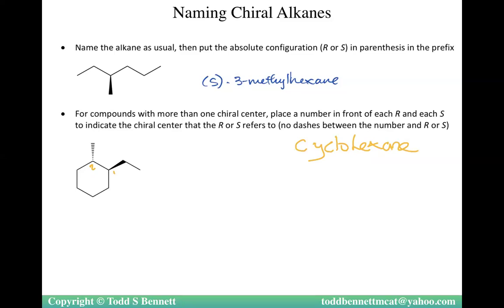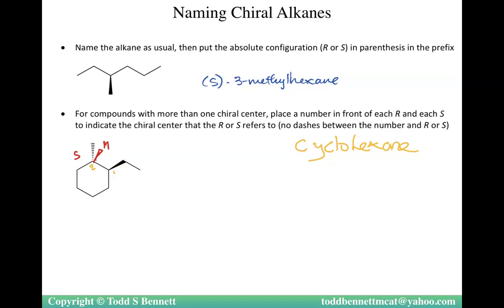My priorities, my H is in front, so I'm going to reverse. This ring is 1, this side of the ring is 2, methyl 3, so 1, 2, 3 would be clockwise, but because H is in front, it's an S. And the thumb method even works for this. When H is coming out, just put your thumb out. And if you curl with the left hand, it'd be 1, 2, 3 with your thumb pointing out. So it even works there.